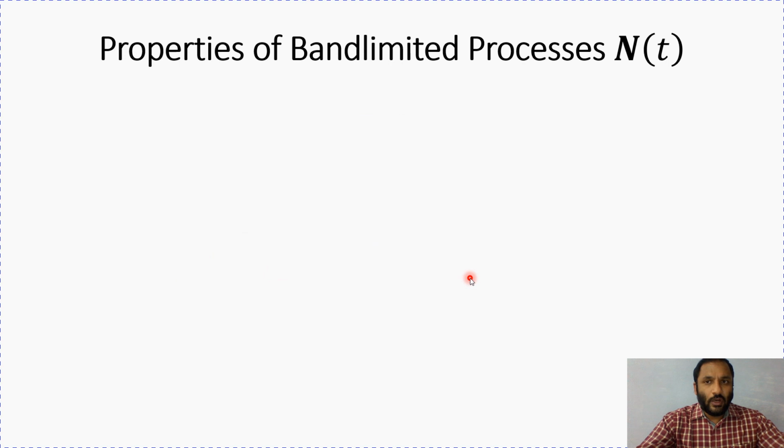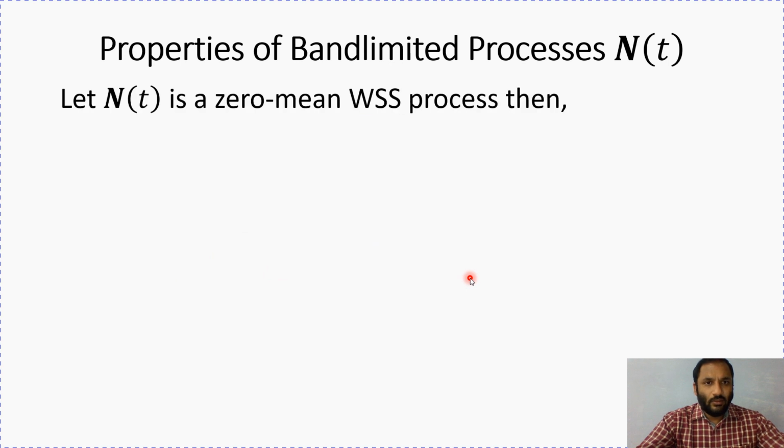Now, what are the properties? For simplicity, let us make the assumption that the process n of t is a wide sense stationary process, and it also has a zero mean.